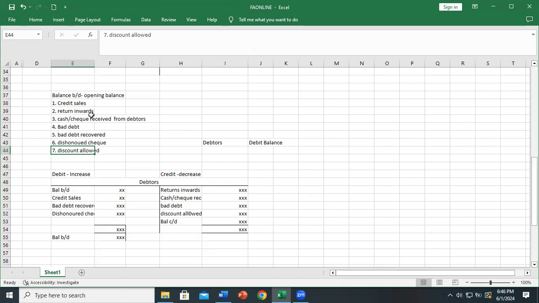So credit sales will increase it, so we debit. Bad debt recovered will increase it, we debit. Dishonored check, we debit. And all these items that we are crediting will decrease the debtors balance. So that is for the debtors account. If you are solving a question and you are given these items, you just do the analysis and do the debit and credit so you can have your debtors account.